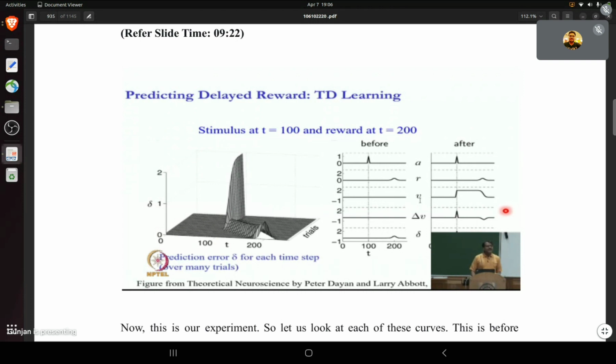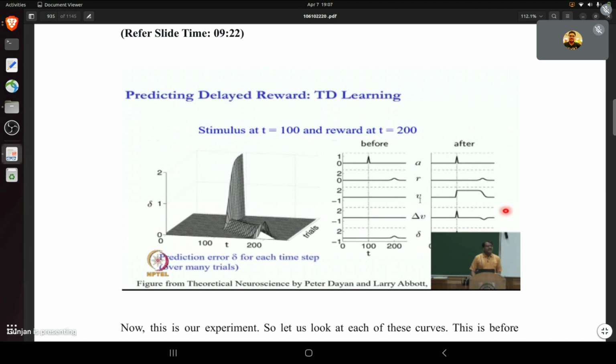V might be the dopamine level, like whether the pin is triggered or not. Yes, V is the dopamine level. That's understood.